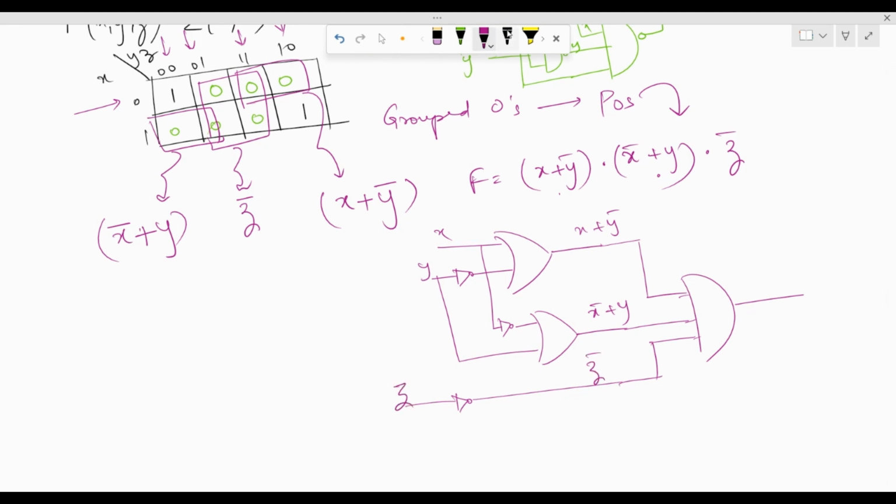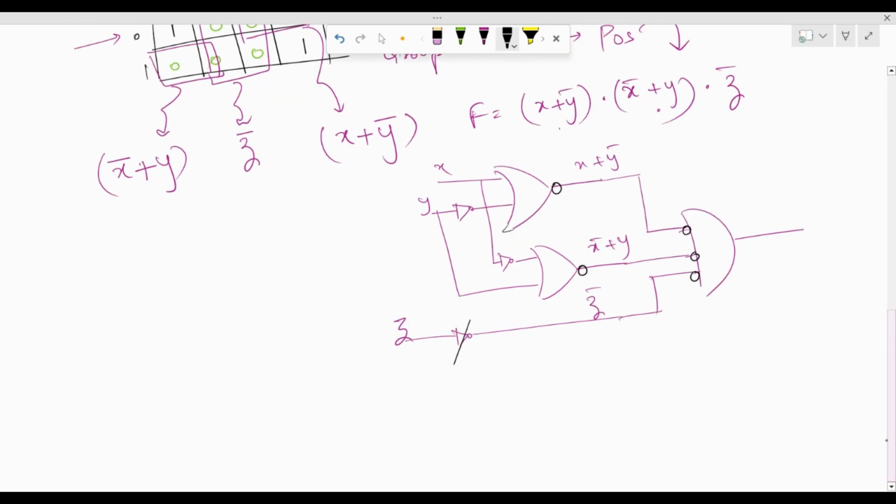Now if I want to implement it in the NOR form, I can convert the OR as NOR by introducing a bubble at its output. So to compensate this, I have to introduce a bubble at the end of this wire. The same thing should be done over here. And here, since this itself is a bubble, we can remove this and put it here.